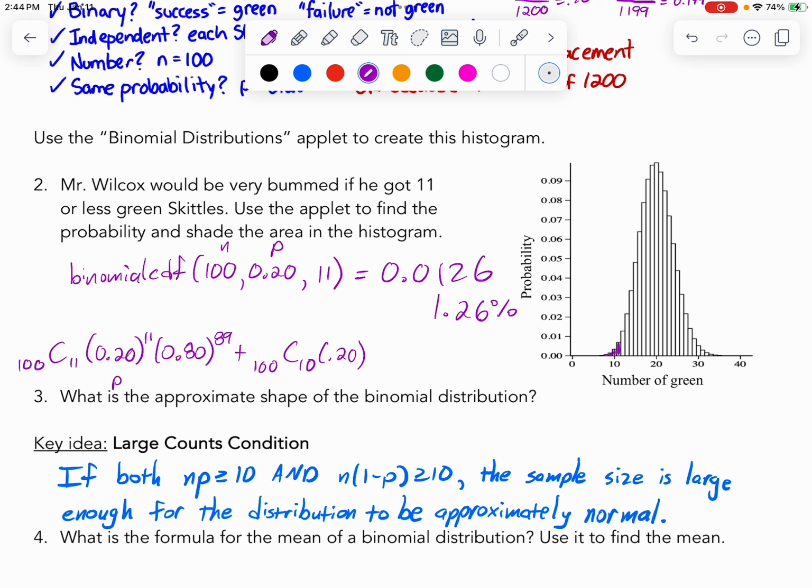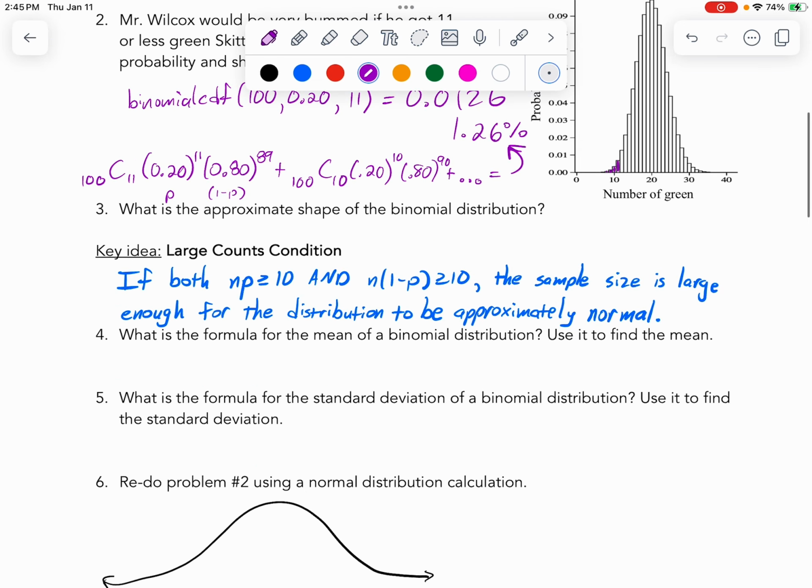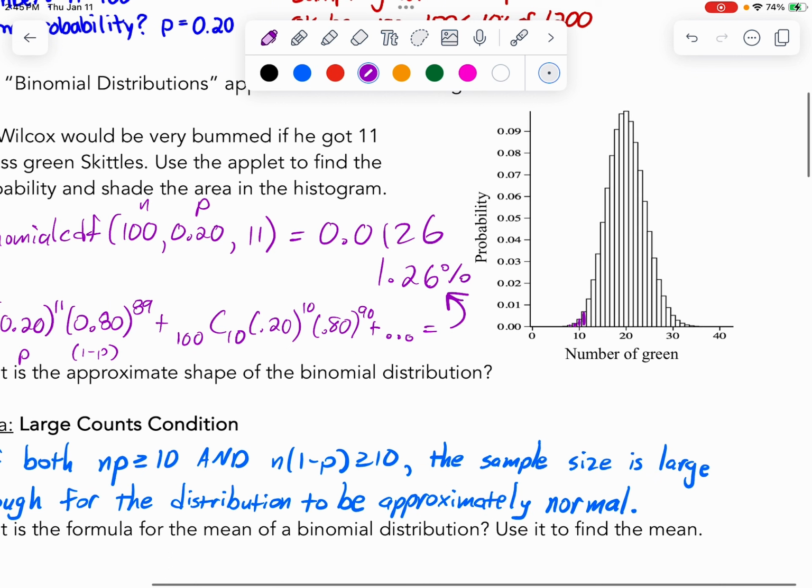This is like P and 1 minus P. You get 10 green ones and 90 not green ones, and then dot, dot, dot, and that will equal my 1.26%, okay? What is the approximate shape of this distribution? Well, it is approximately normal.